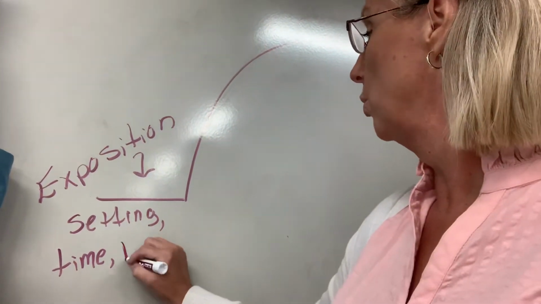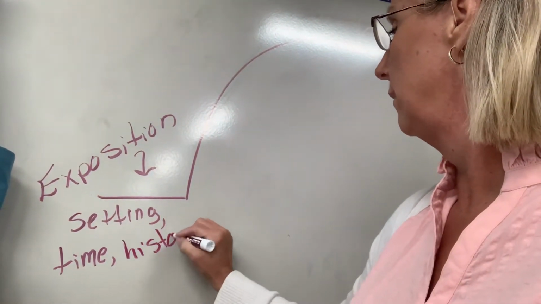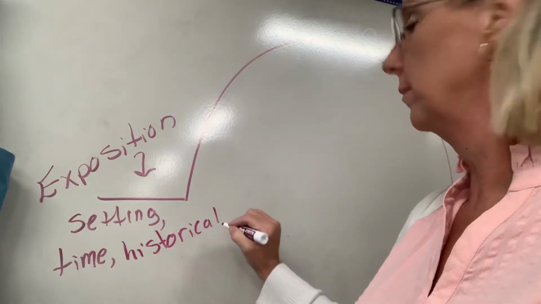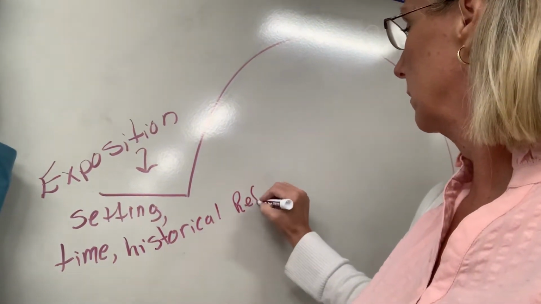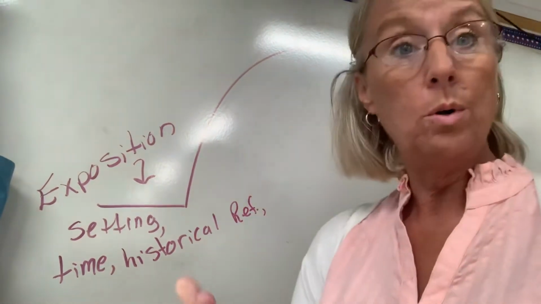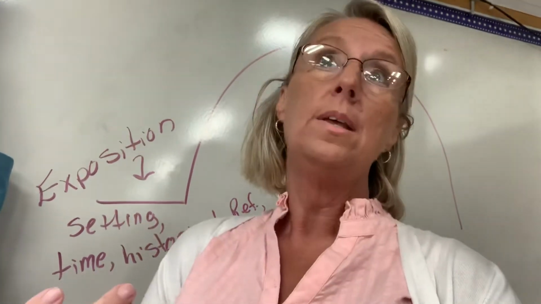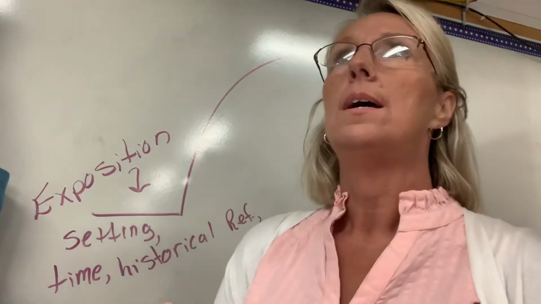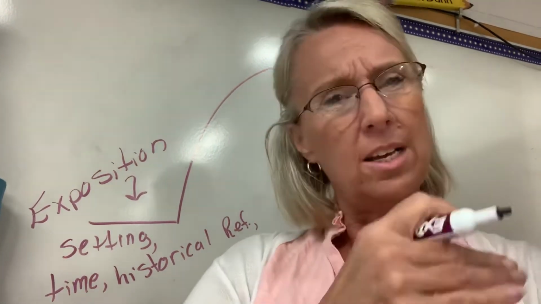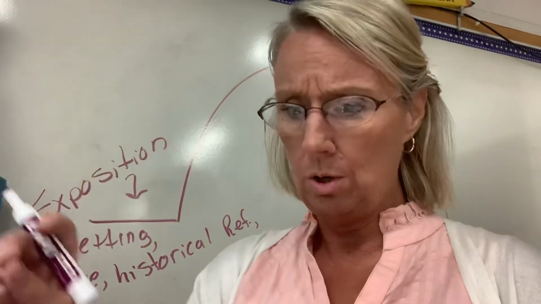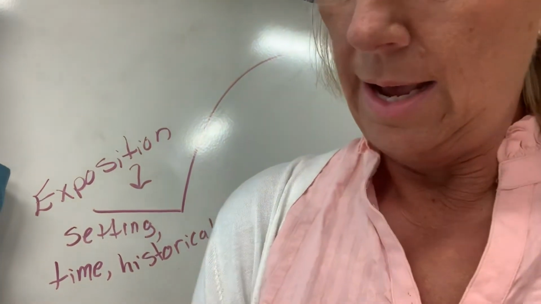It may be a historical reference of time. Such as World War II. It could be the March on Selma. It could be something that has a historical bite to it.